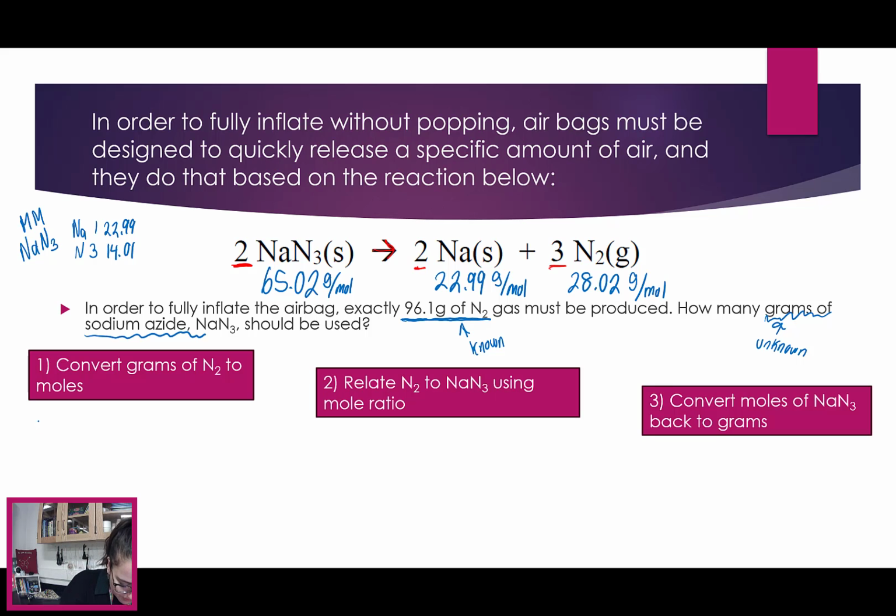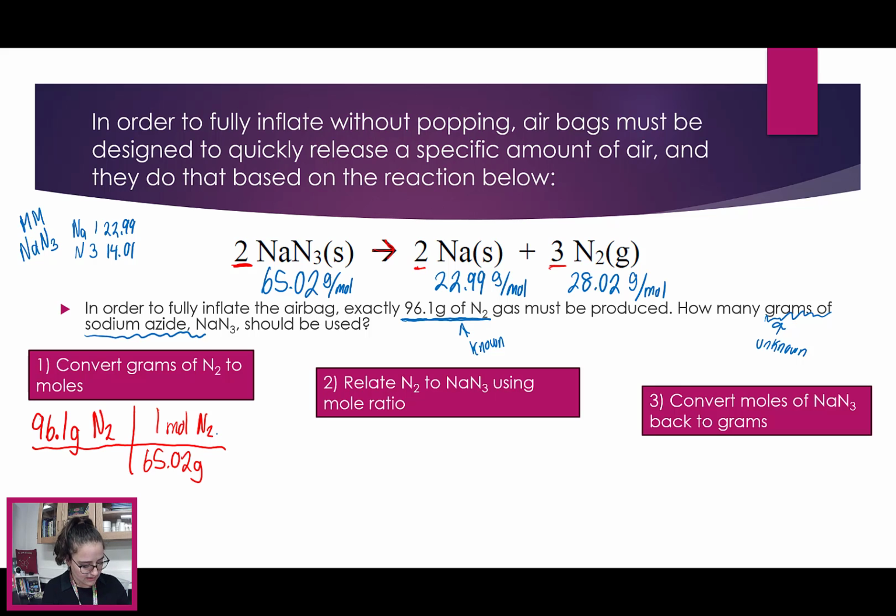So we're going to start with our known, that 96.1 grams of N2. And since we're talking about two different substances here, we want to be really careful and put the units with our numbers and put what substance we're talking about to make it really clear. And then how do we convert from grams to moles? Molar mass. So we got 65.02 grams is 1 mole of N2. Is that the molar mass of N2? No. Okay, this is why we do this.